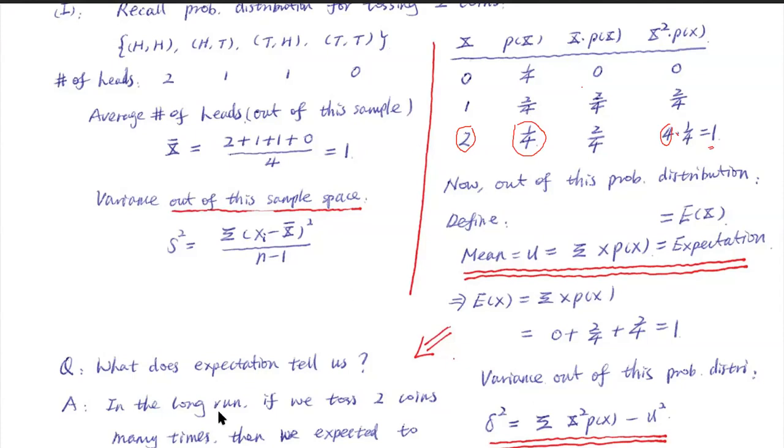Okay. Now, Professor, I have a question. Go ahead. So the summation sign kind of stumps me when I'm doing the homework. So basically, would it mean like x squared plus p times x minus mu squared? Is that basically what it's saying? Or do you multiply? So you're talking about this formula here, is that right?